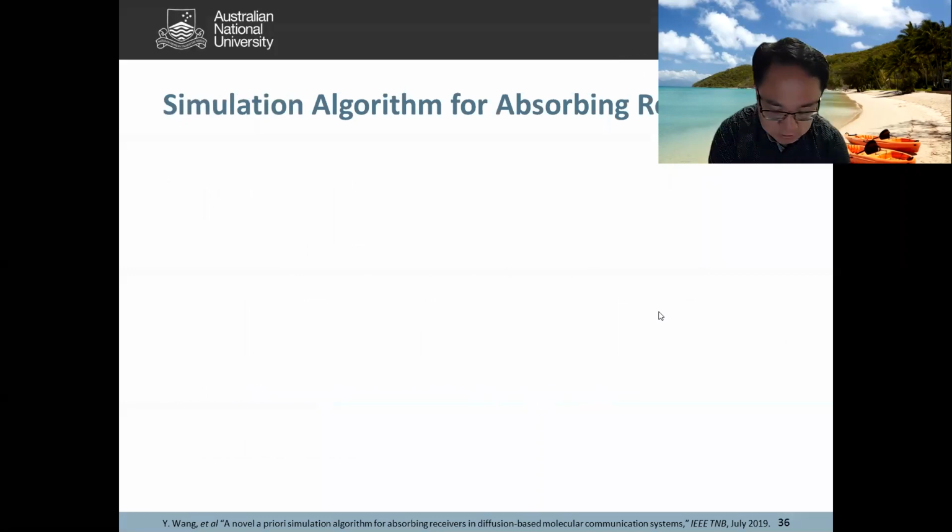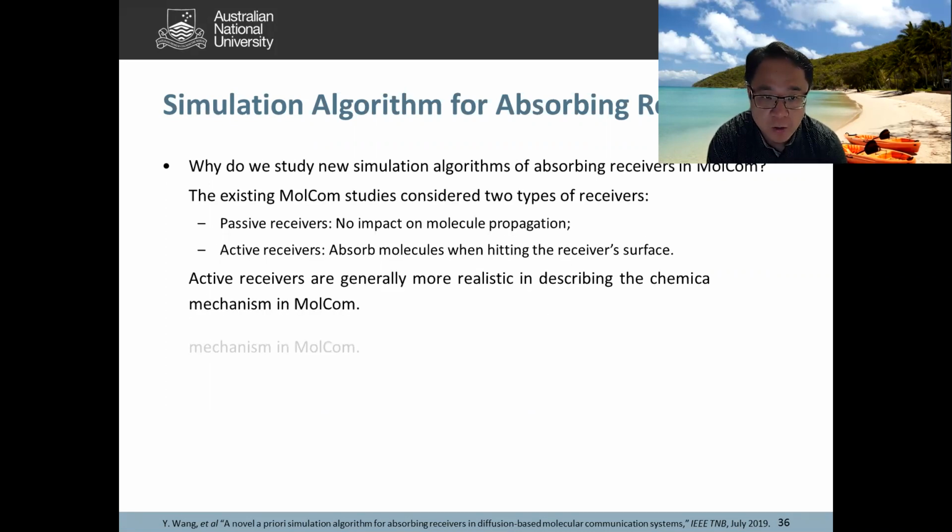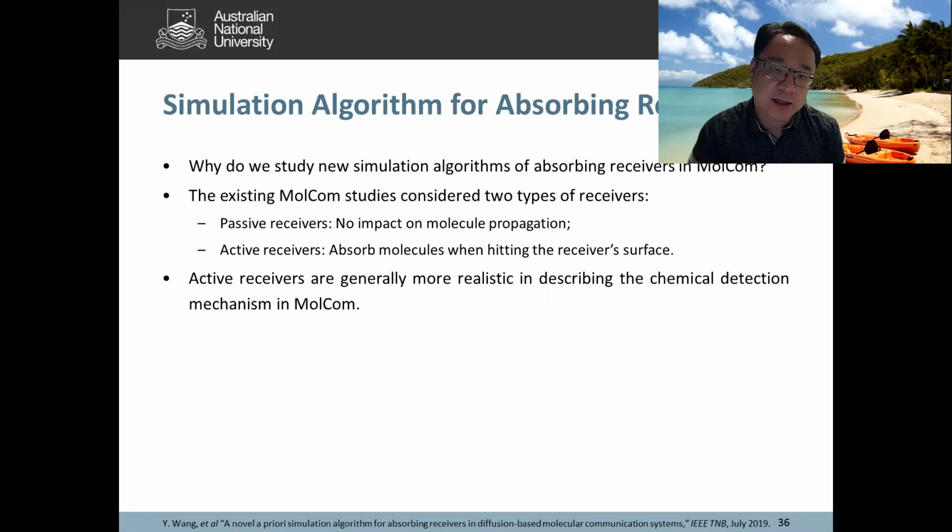In order to construct a suitable simulation algorithm for absorbing receivers, we need to first understand why we need to study new simulation algorithms for absorbing receivers in molecular communications. As we mentioned, the existing molecular communication studies typically considered two types of receivers. One is the passive receiver, which has no impact on molecule propagation.